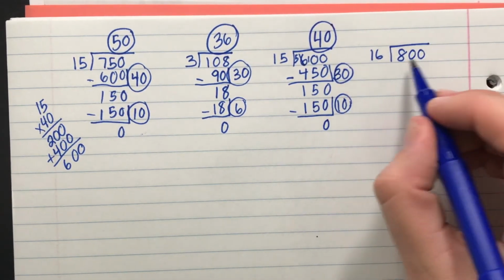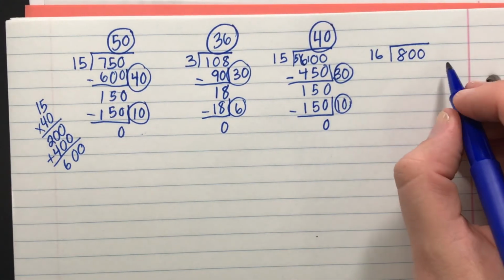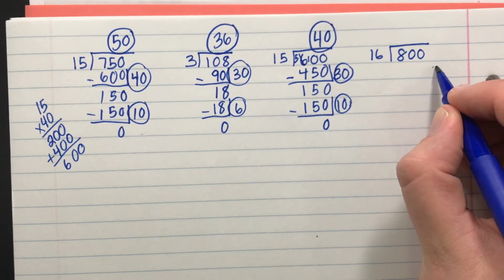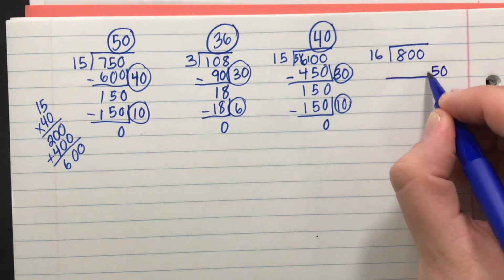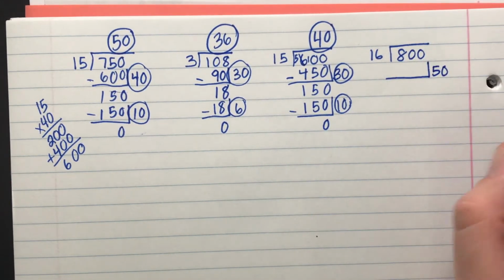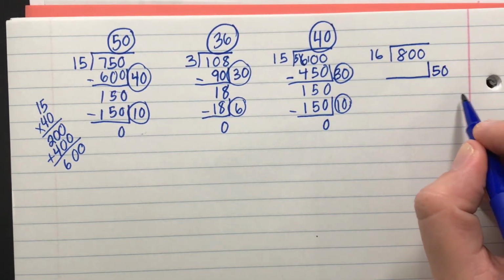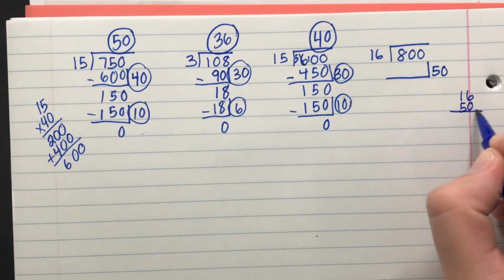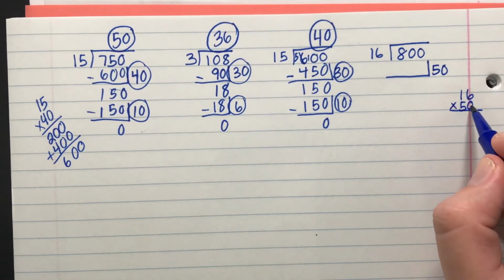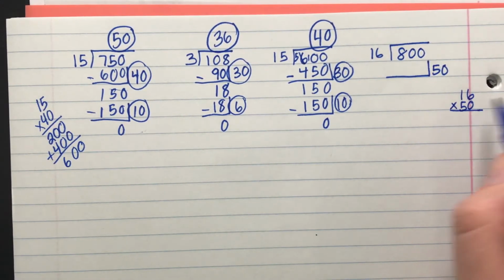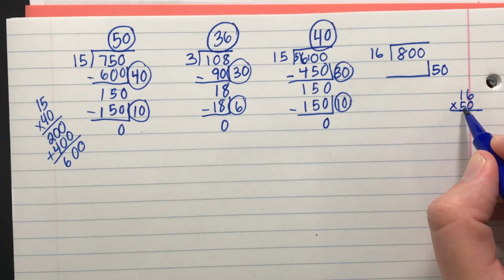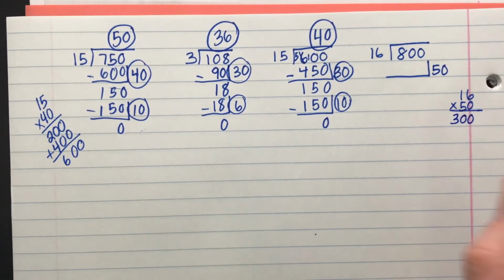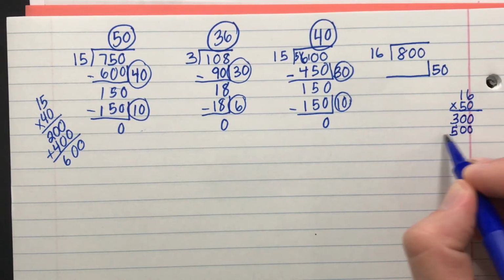And our last one, 16 into 800. 10's a little too small, so let's try 50. 16 times 50. So what I'm going to do is I will do a little bit of multiplication on the side here. 0 times 6 and 0 times 1 is 0, so I'm going to skip that, and I'm just going to go right to 50 times 6 gives me 300, and 50 times 10 gives me 500.